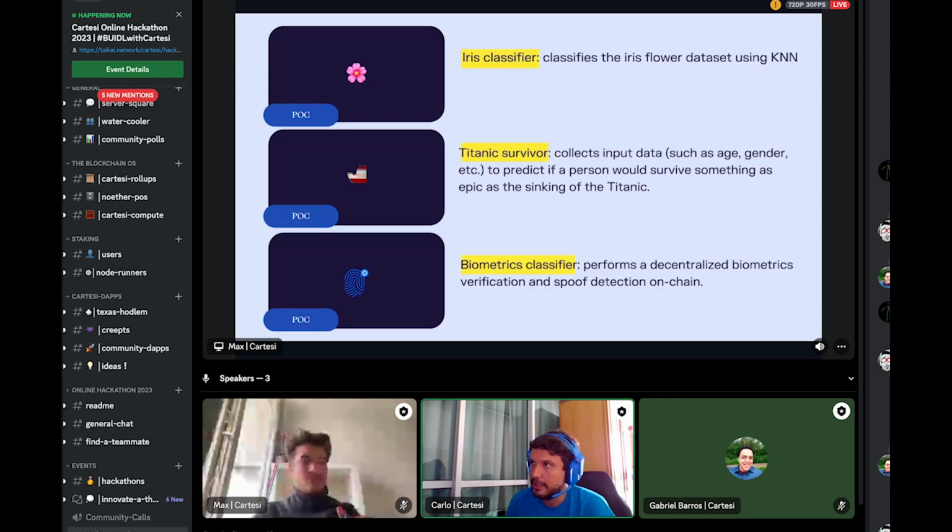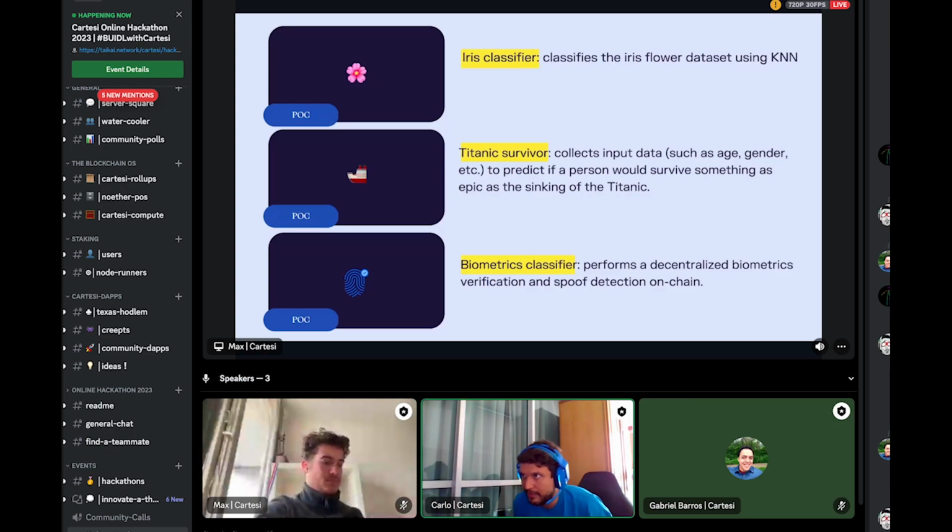Another one that he implemented is with another classical dataset for machine learning, which has data on people that boarded the Titanic and whether they survived or not. It has things like the age, the port they boarded from, and then the model predicts if that person would have survived the Titanic accident.